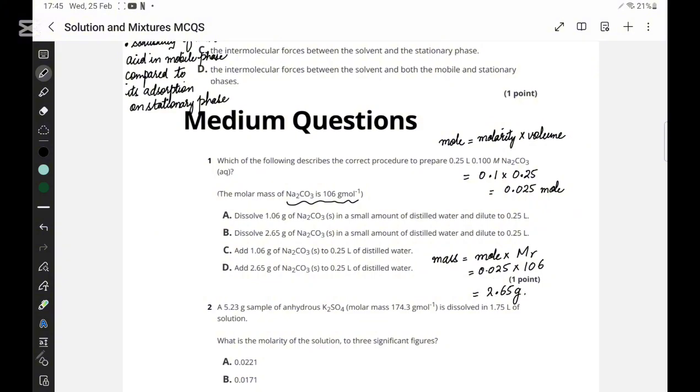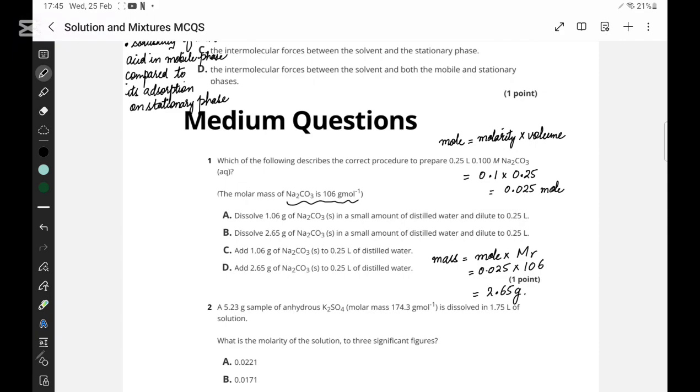So our right option is going to be B, because it is saying dissolve 2.65 grams of Na2CO3 in a small amount of distilled water and dilute to 0.25 liter.